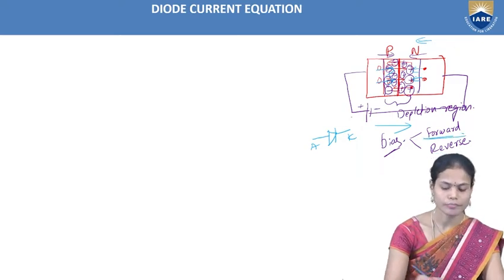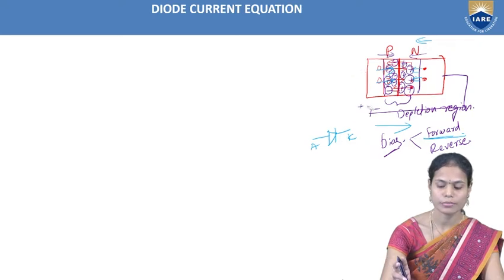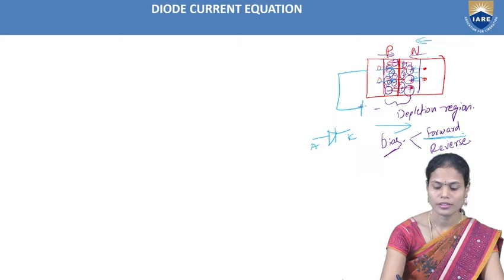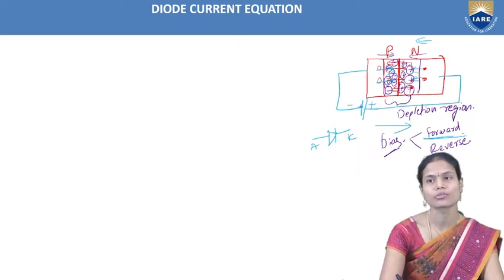Similarly, if we apply the reverse bias to the PN junction diode, in that case we connect the negative terminal to the P type of material and the positive terminal to the N type of material. In this case, the holes are attracted towards the negative terminal, and similarly the electrons are also attracted towards the positive terminal of the battery.